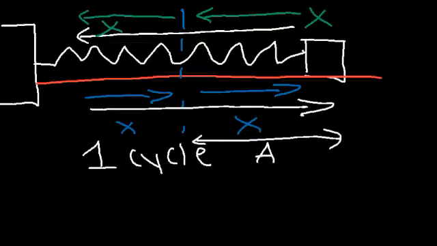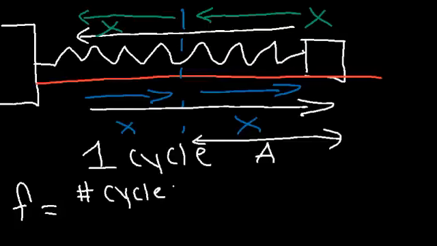The frequency is the number of cycles per second. So if you take the total number of cycles and divide it by the total time, you can get the frequency. So for example, let me choose a nice number. Let's say this system can cycle 200 times in 10 seconds.